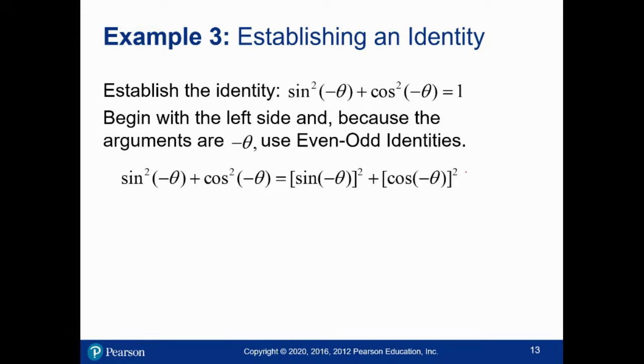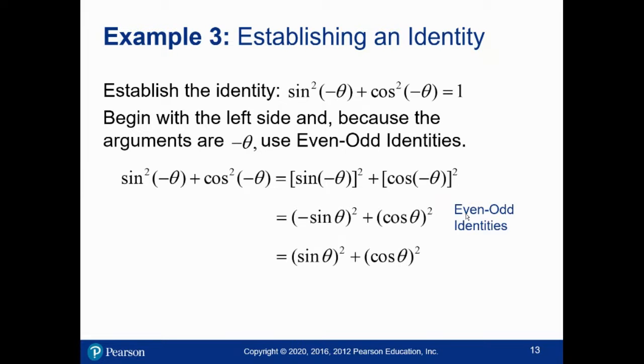So they're just rewriting that exponent outside these parentheses to make it clearer. However, the sine of negative theta is negative sine theta, and the cosine of negative theta is cosine theta, because sine is odd and cosine is even, respectively. But a negative sine theta squared compared to a positive sine theta squared is the same thing, and now we just have sine squared theta plus cos squared theta equals 1, which is the Pythagorean identity.